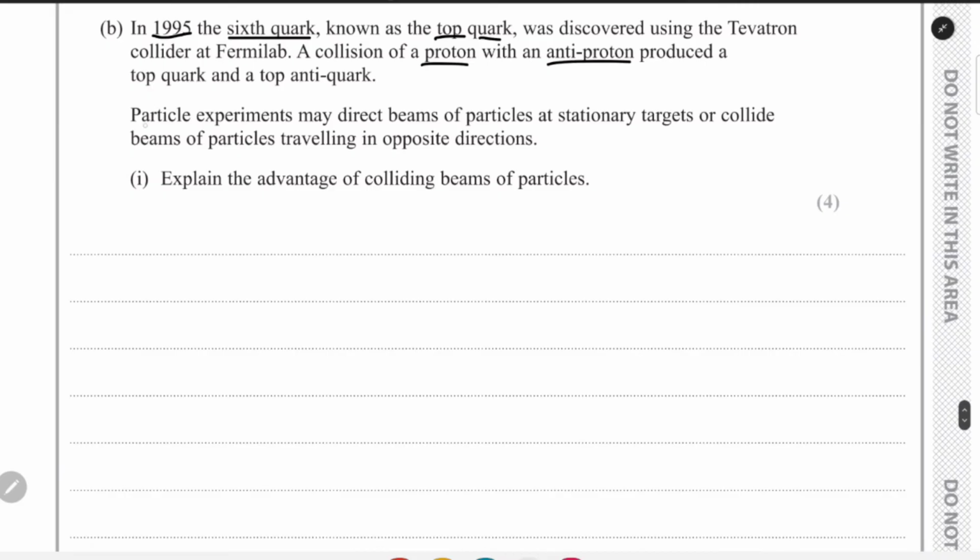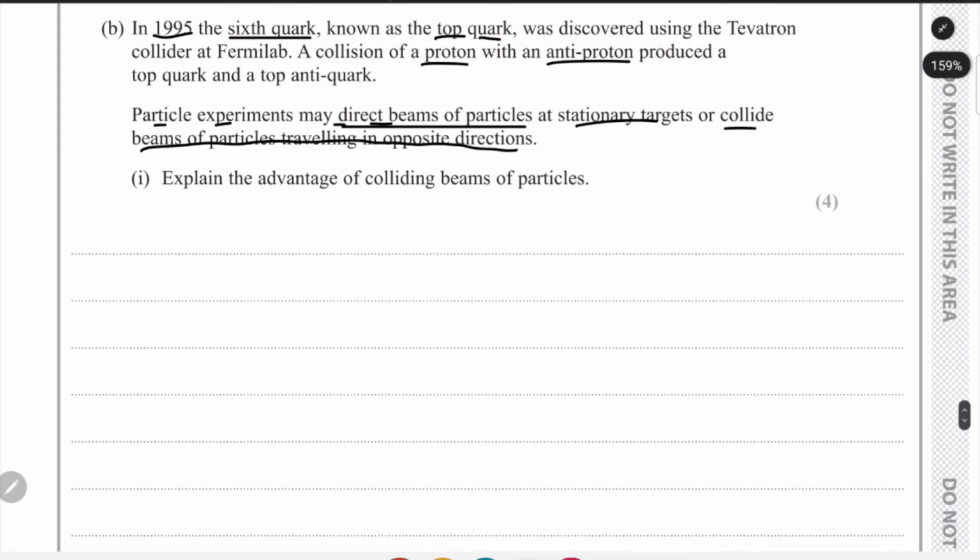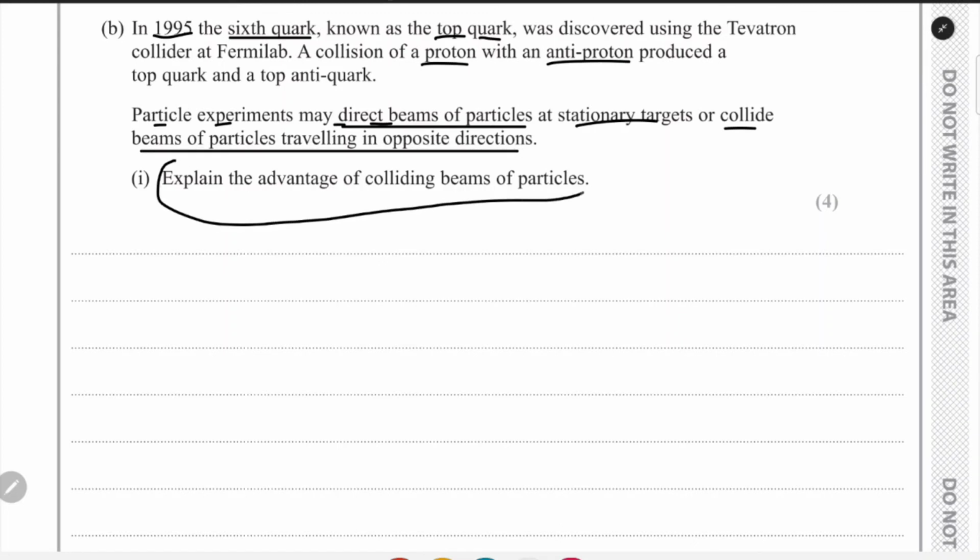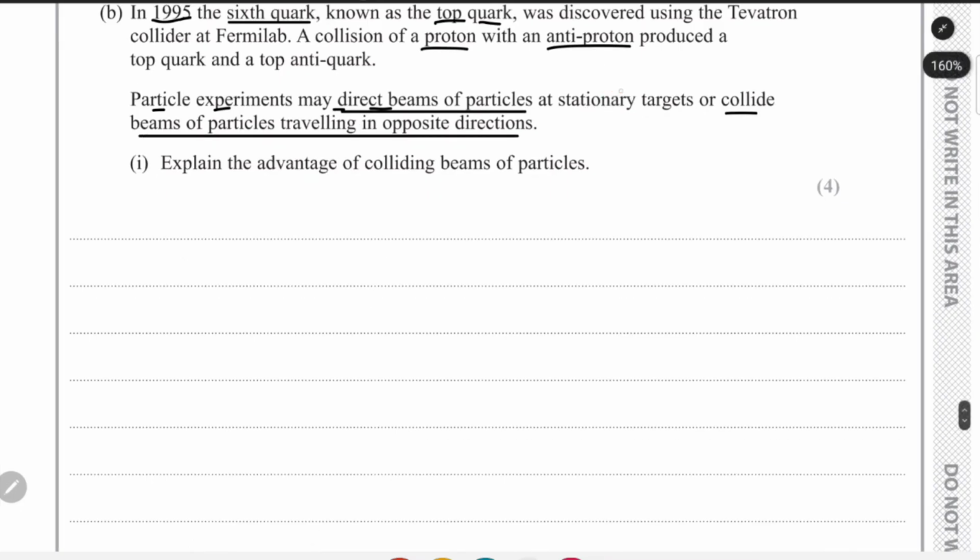Then we are told about particle experiments that may direct beams of particles at stationary targets or collide beams of particles traveling in opposite directions. Now we have to explain the advantage of colliding beams of particles moving in opposite directions, not stationary targets. We have 4 marks for this.